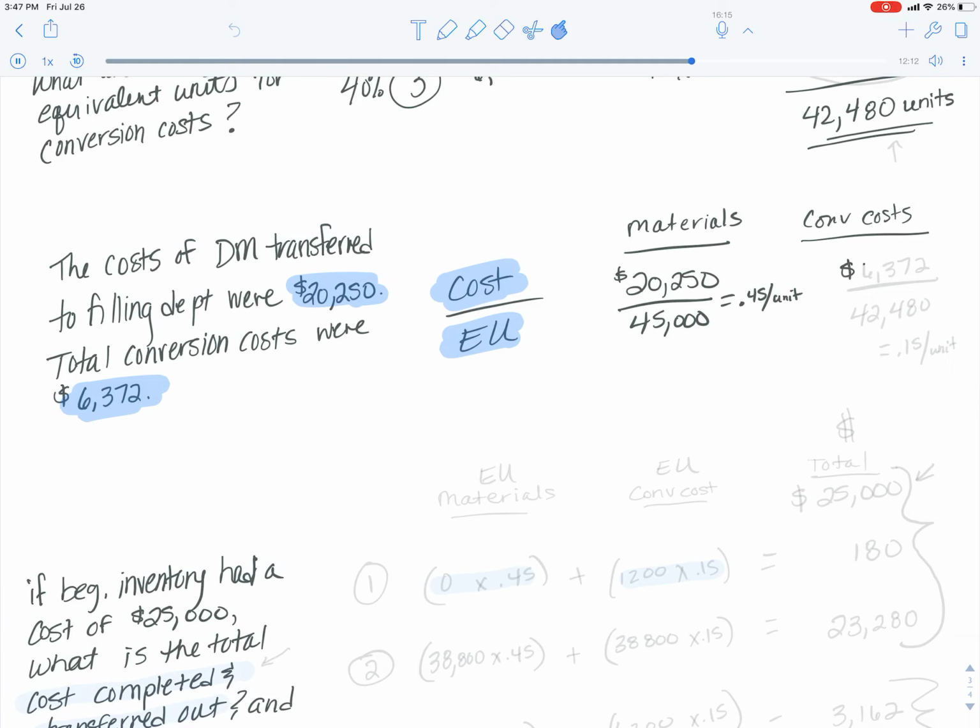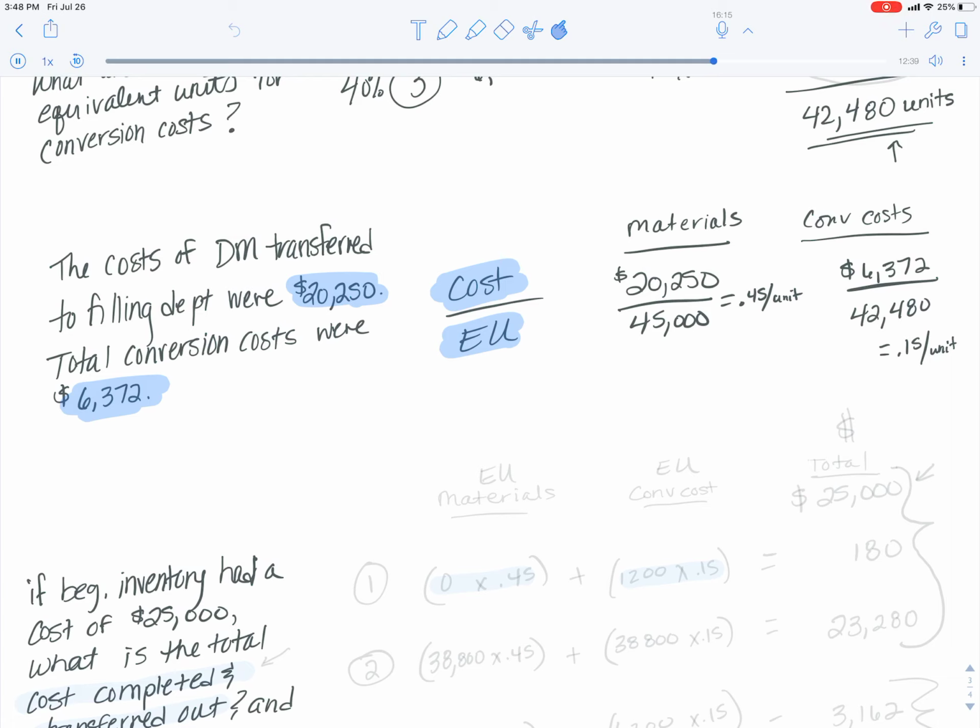And then for conversion costs, 6,372, that made 42,480 units. So that is 15 cents per unit. So now, when we're adding up all of our total costs, those are the unit costs that we will use. So that took 4 or 5 steps to get there.